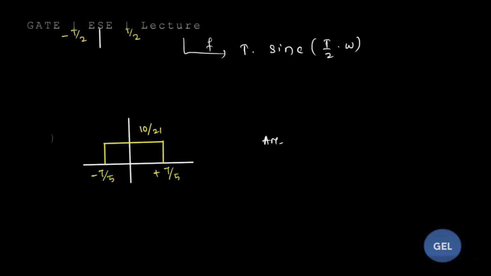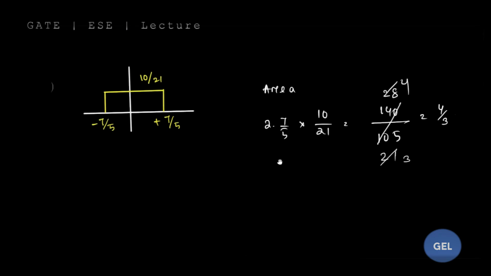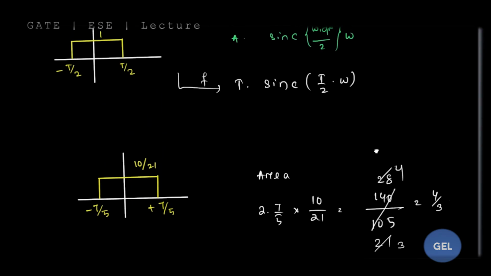I want you to find it out. Area, what is the area? 7 by 5. What is this length? 2 into 7 by 5 into 10 by 21, which will be nothing but how much? 140 by 105, I think. This is your area value.